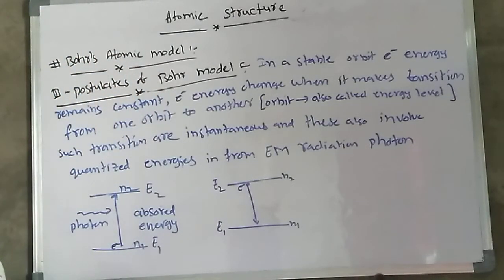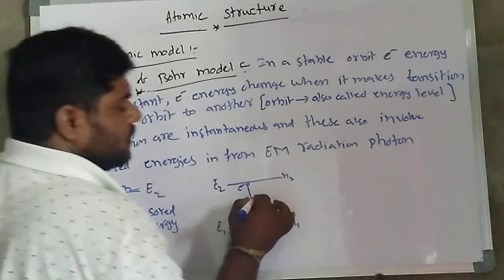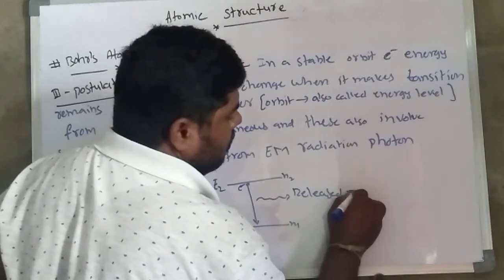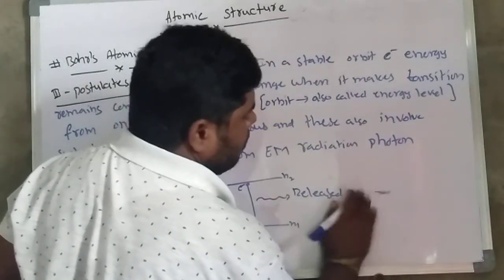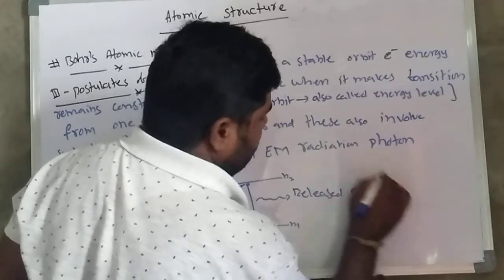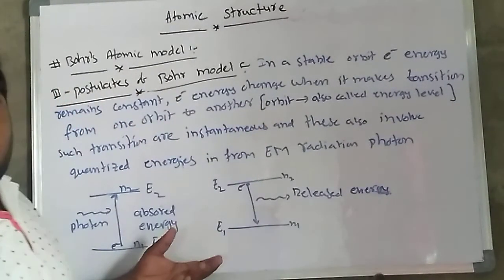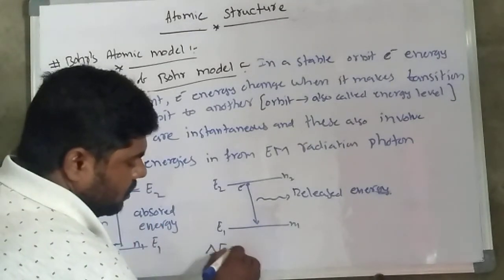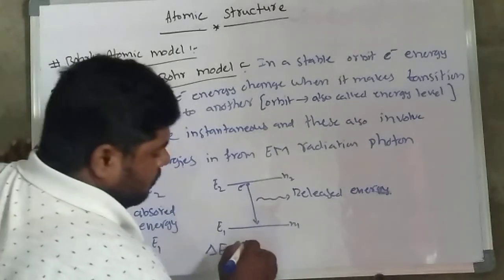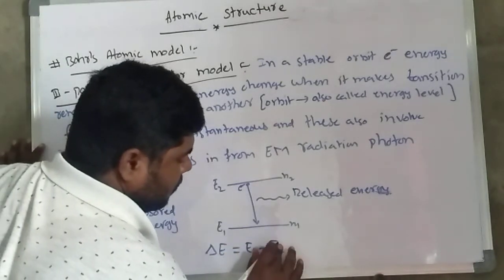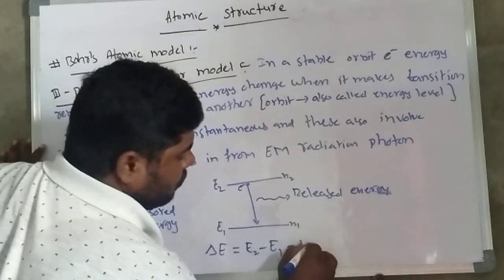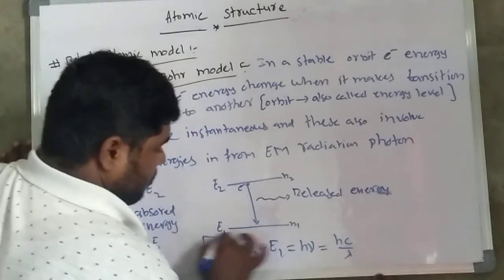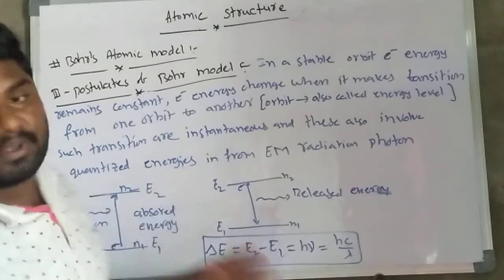The energy change is E2 minus E1, higher energy minus lower energy, which is equal to h nu, that is equal to hc by lambda. Based on this they will ask numerical problems.